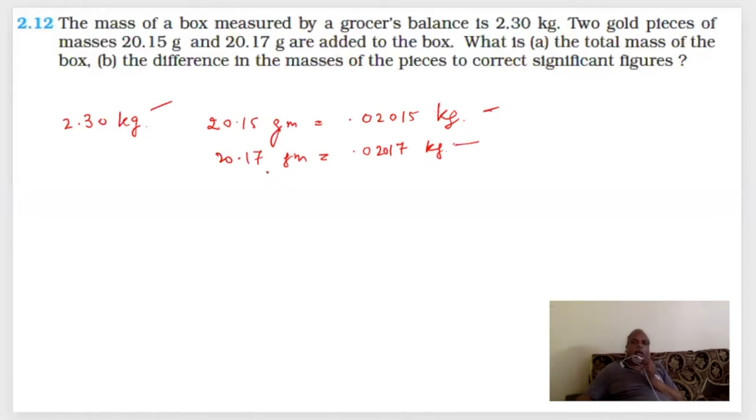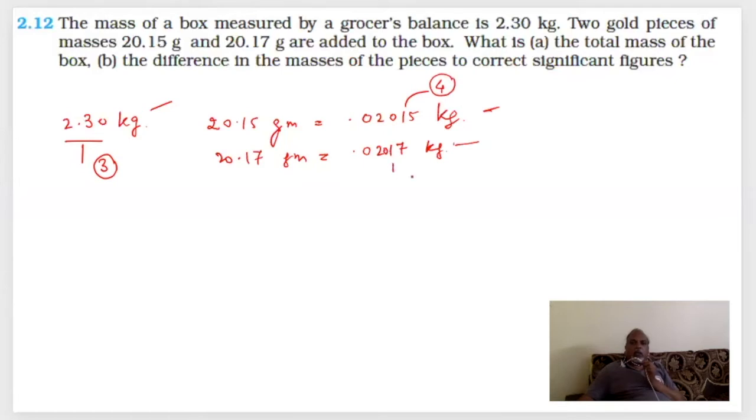Now you can add them and just see the correct significant figures the answer should be reported in. Like in this case, 3 significant figures are there. In this case, 4 are there.